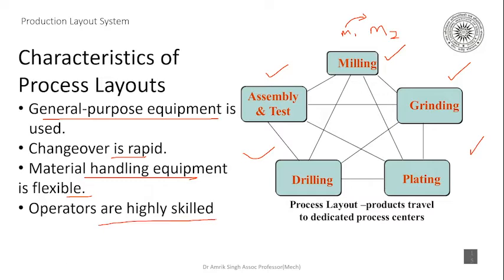Operators are highly skilled, and that is important. The operator on the milling section may not be a skilled operator at the grinding section, or the operator working on the grinding machine may not be very efficient on the milling machine.